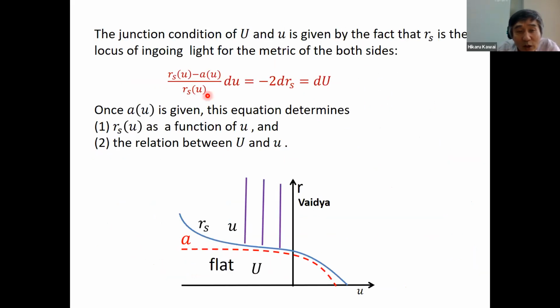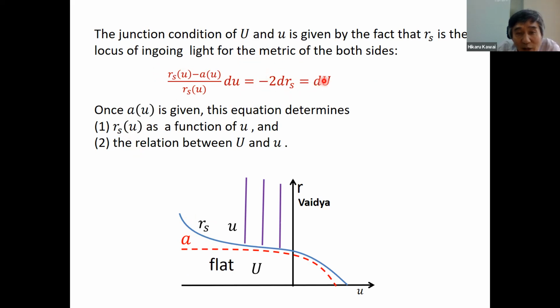So we have two equations for these quantities. Once a(u) is given, solving the first equation gives R_s(u), the position of the thin shell as a function of u.